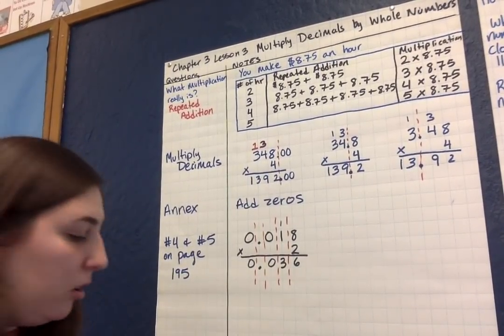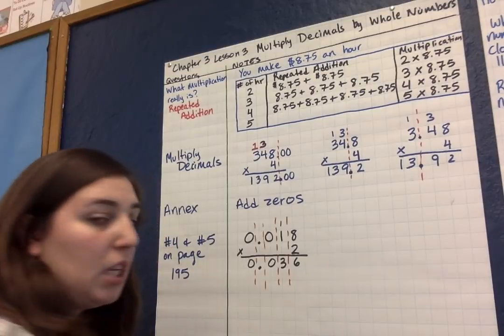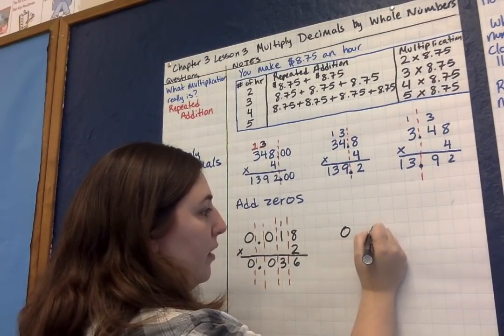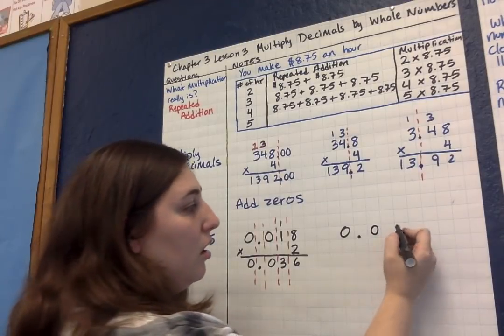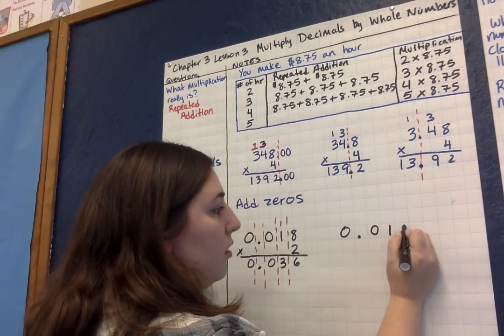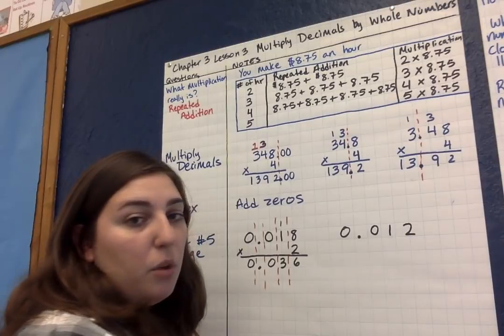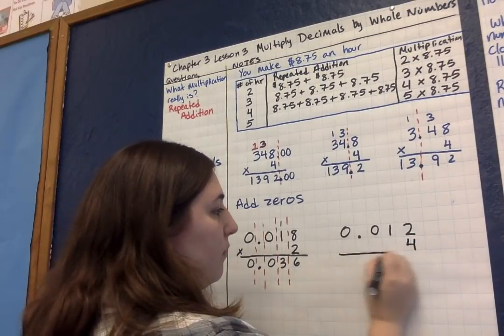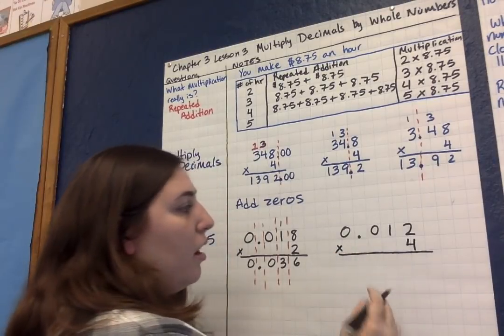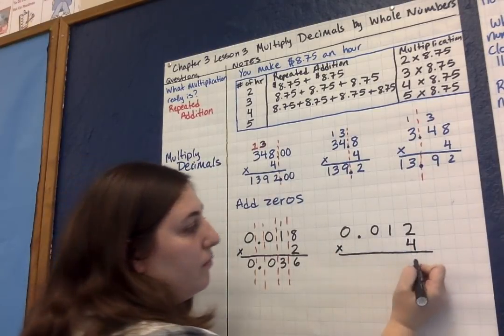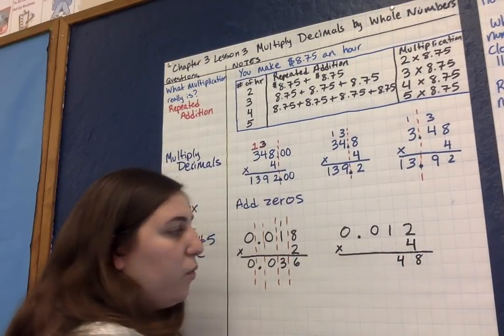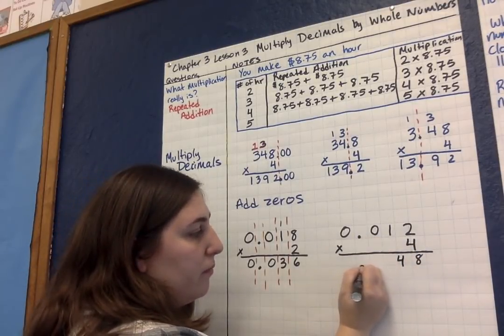One last example. 0.012. And we're going to multiply that by 4. Okay, so 4 times 2 is 8. 4 times 1 is 4. Drop down your 0.